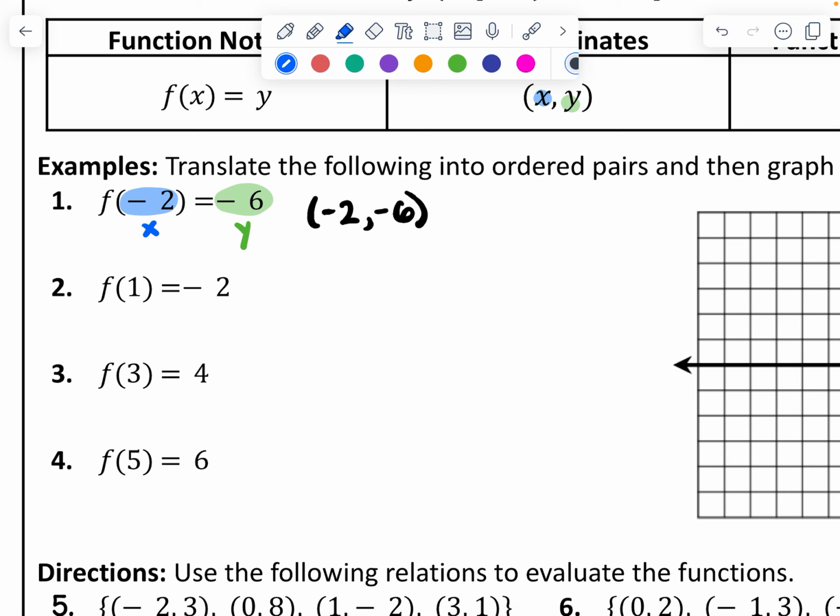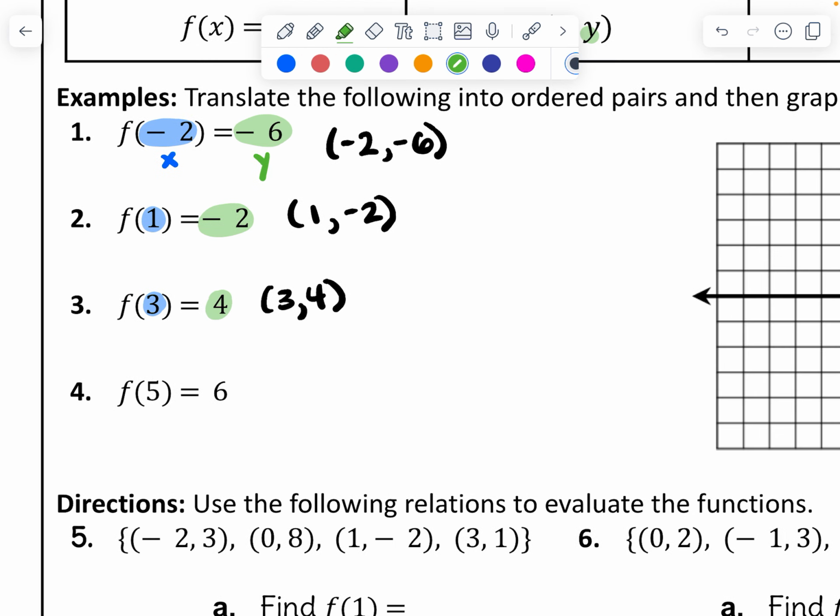Number 2, f of 1 equals negative 2. So this would be 1, negative 2. And number 3, f of 3 equals 4. Your ordered pair is 3, 4. And f of 5 equals 6.